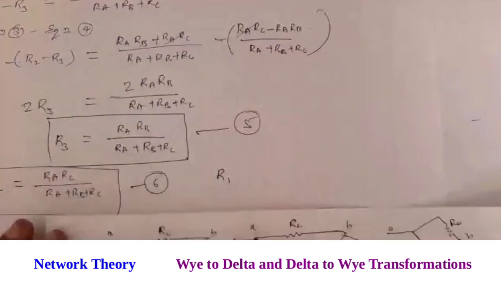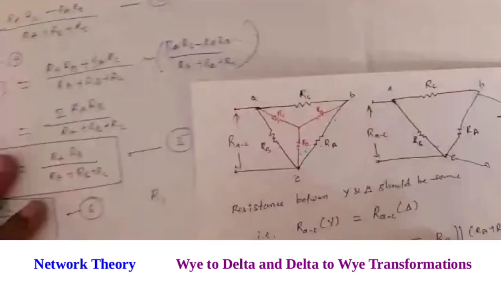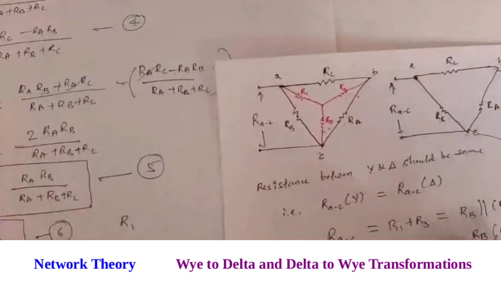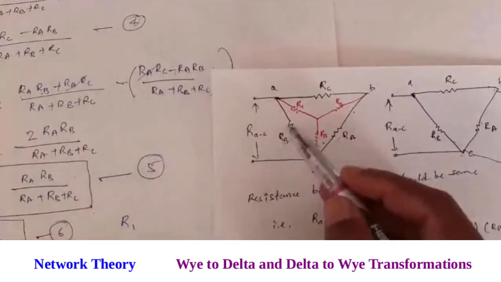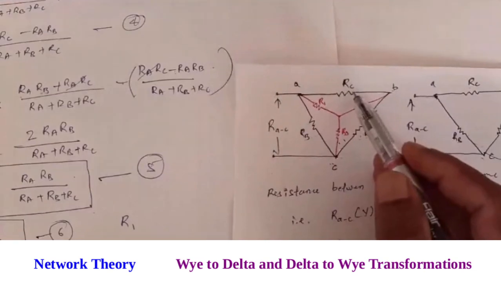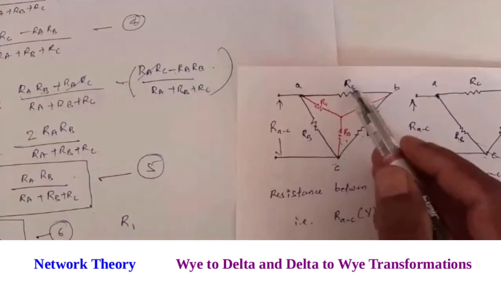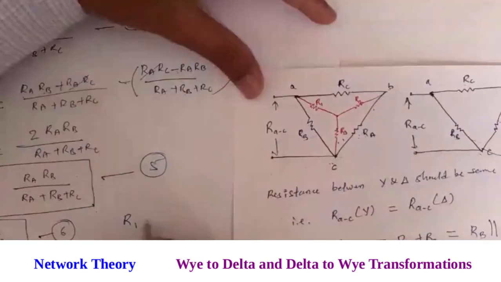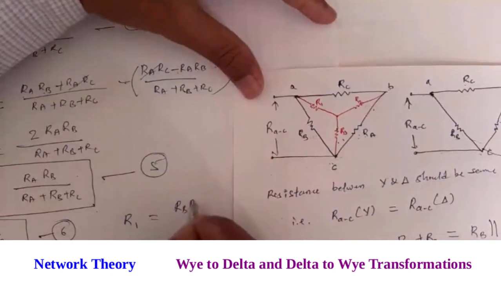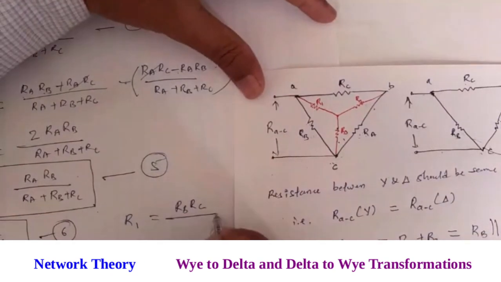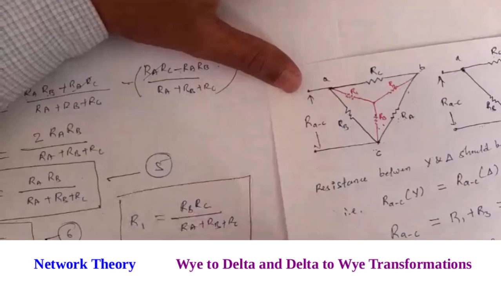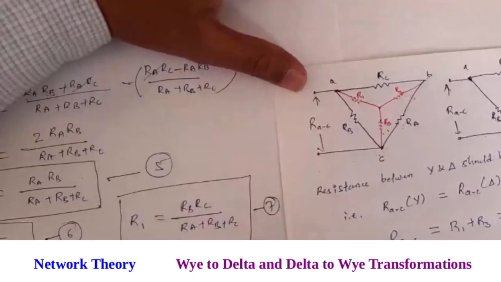Similarly for R1, the two resistors connected to it are RC and RB, so R1 is equal to RB RC divided by all three resistors, RA plus RB plus RC. I call this equation number 7.